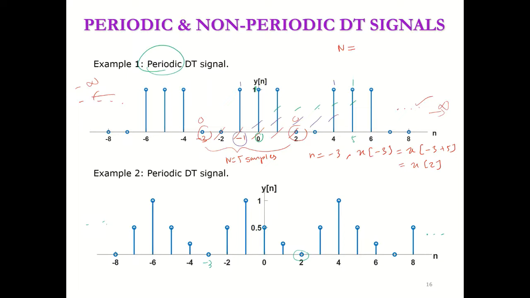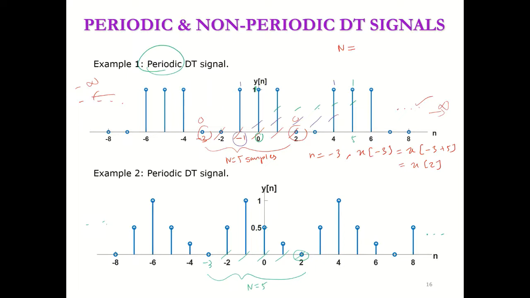We anticipate that this is the smallest number of samples that the pattern repeats. So from -3, 1, 2, 3, 4, 5. So N is 5 as well. We can further examine at n = -2. The next 5 samples, the value is still the same.